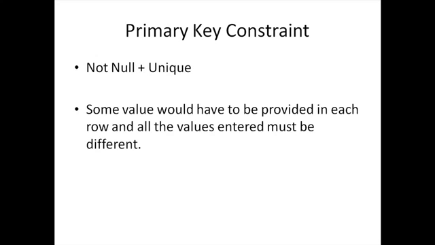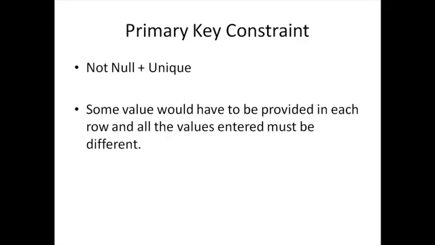And the last constraint that we're going to talk about in this tutorial is the primary key constraint, and this is perhaps the most important constraint available to us in SQL, and it's a combination of not null and unique. The primary key constraint makes sure that you specify some value while populating the table for the field on which the constraint is applied, and it also makes sure that the value that you've entered is different from all the other values that exist for that field in the table before you enter the latest value.